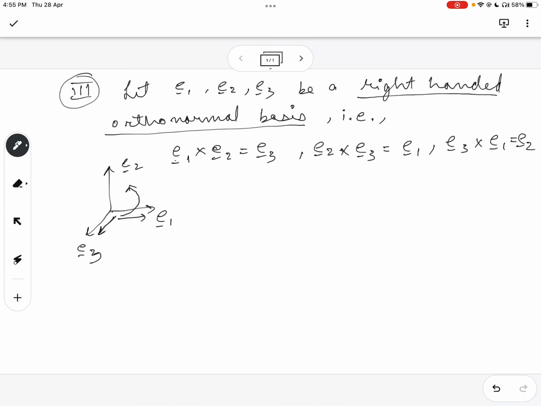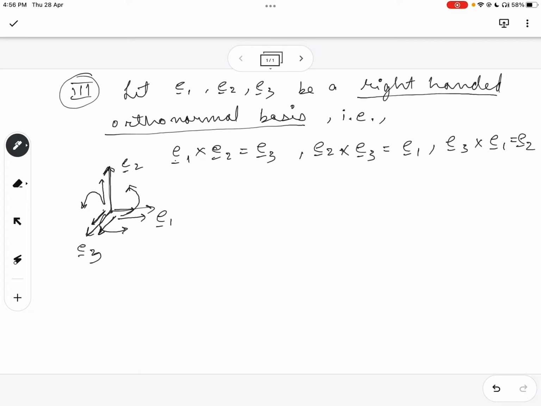Similarly, putting our hand towards E2, curling it towards E3 should give us E1, and putting our hand in the direction of E3 and curling it towards E1 should give us E2. The hand in question is the right hand. That is what right-handed orthonormal basis means.